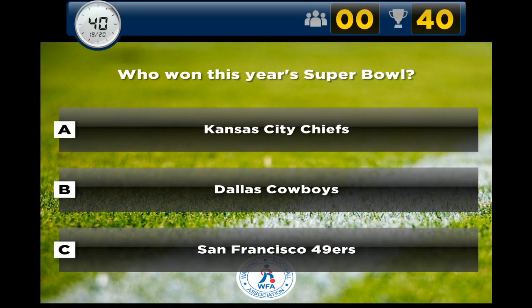So who won this year's Super Bowl? Was it Kansas City Chiefs, Dallas Cowboys or San Francisco 49ers?